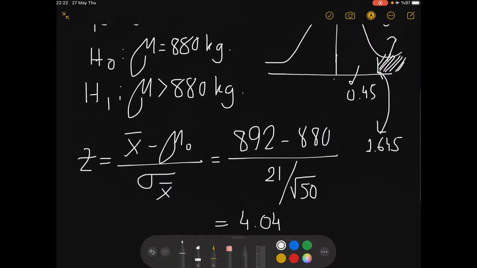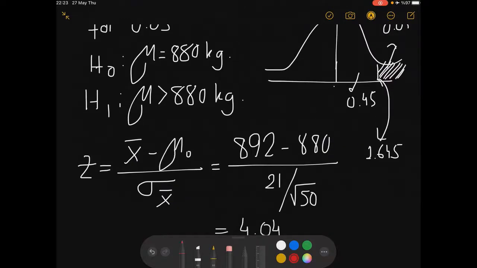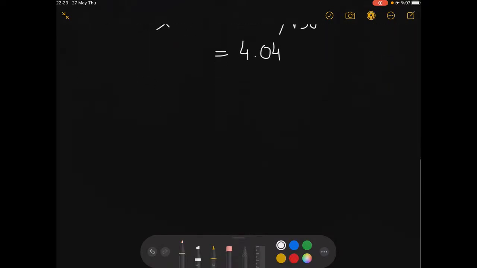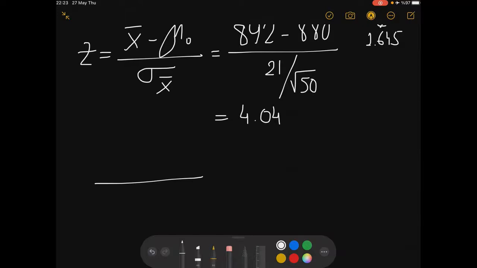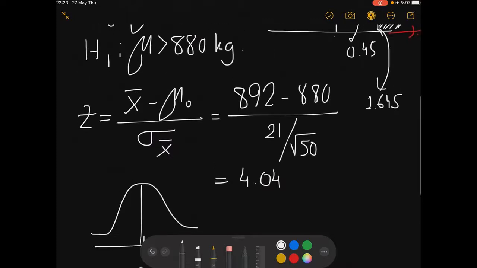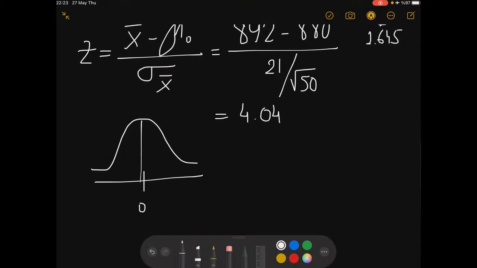4.04. So where is your 4.04 located? Something way far from here, right? It should be something like this. Since this is your 0 point and this is your 1.645, where is your 4 located here?